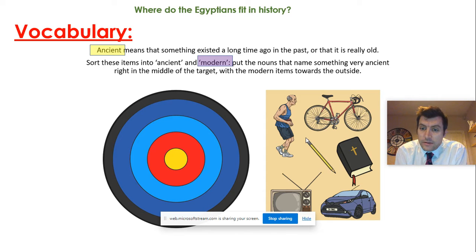There's a pencil, and when that was invented, there's a car and a television. Okay, so you've got to sort these things into ancient and modern things. And the real center of the target, that yellow dot, is our most ancient, so the most old items, the really old items. Pause the video while you think about that.